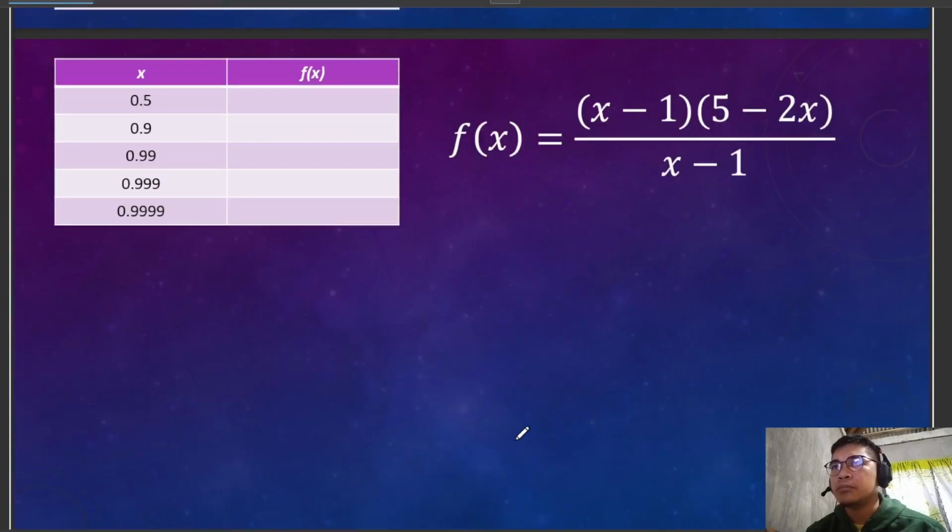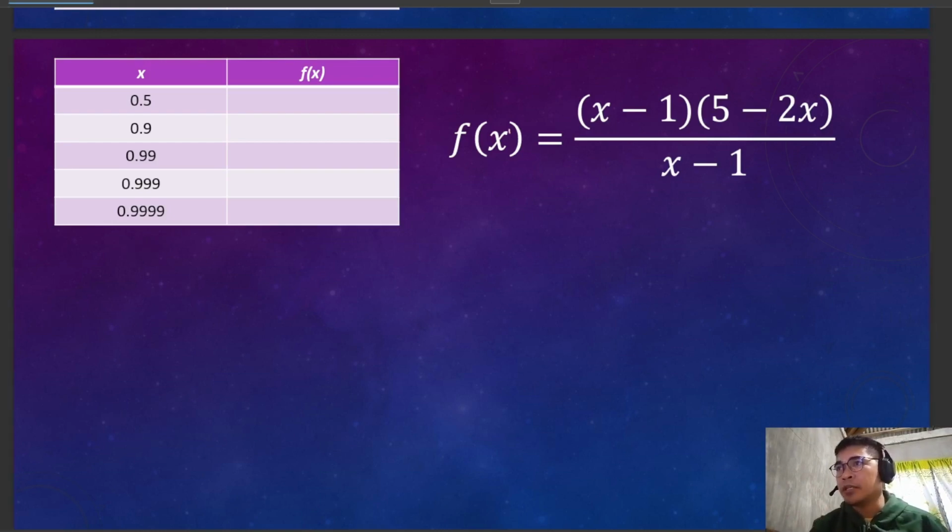So, let's try kung unsa ang value nga mabutang nato sa f of x. So let's start with 0.5. So example, based on the given, our x, okay, our x is equal to 0.5. So kanito lang gamiton.